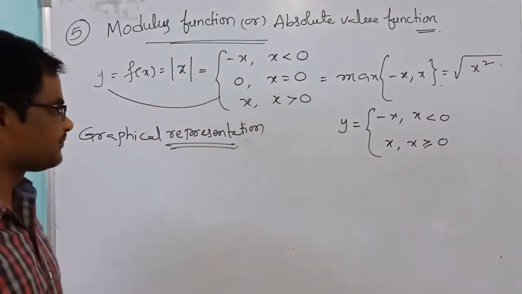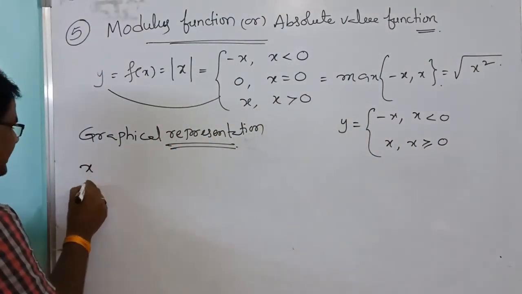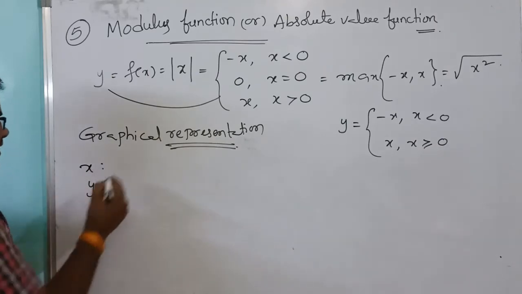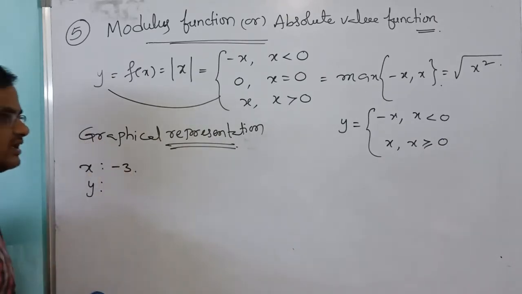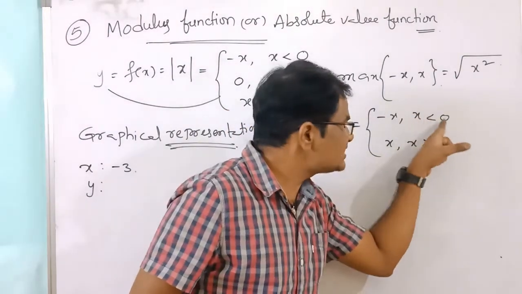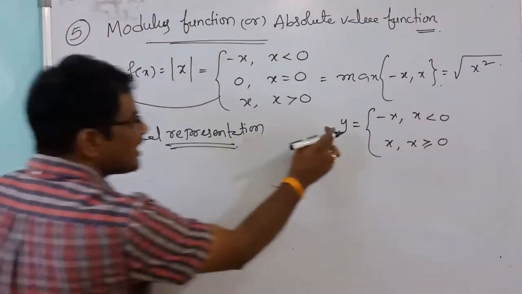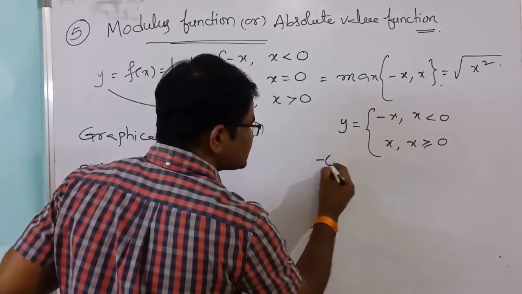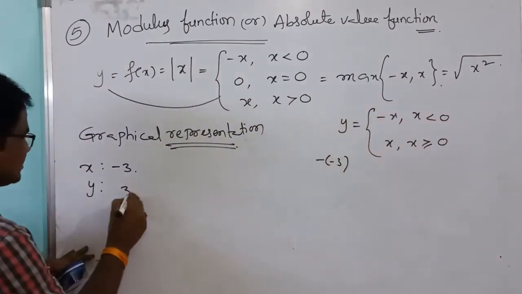Now take some values of x and y. Suppose x is minus 3. x is less than 0, so y is minus x, minus of minus 3, that is 3.